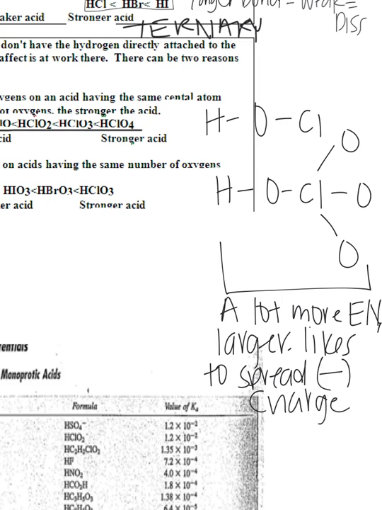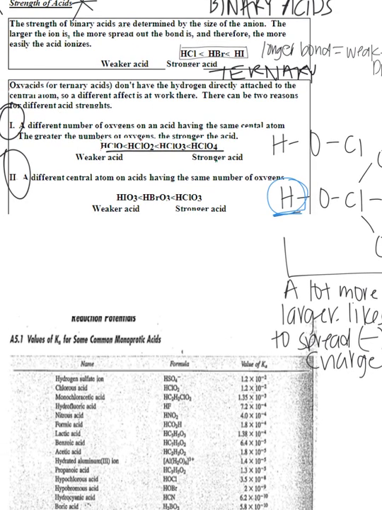So it's actually a little bit more stable with all those oxygens, and it's more willing to give up this H because it's stable elsewhere within the molecule. And to be a strong acid, that's the number one thing you have to be willing to do as a molecule. You have to be willing to give up that hydrogen and dissociate or break apart to be considered strong.